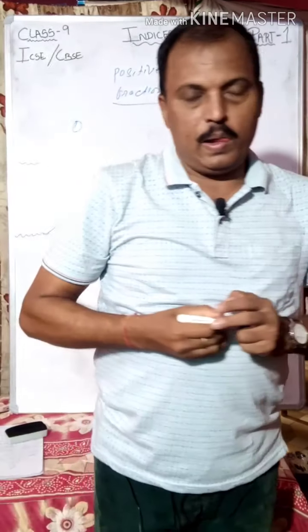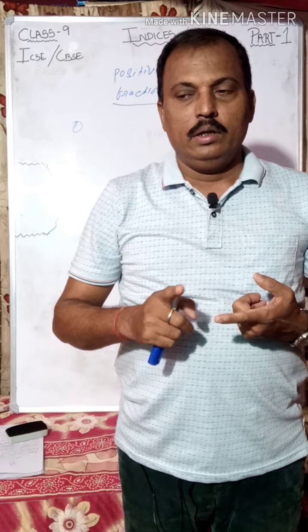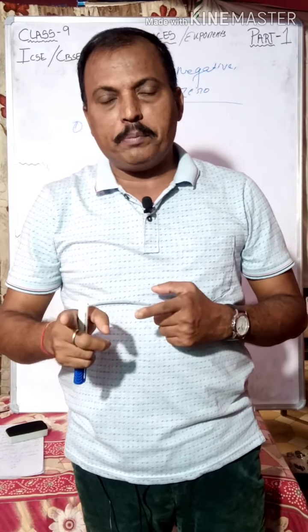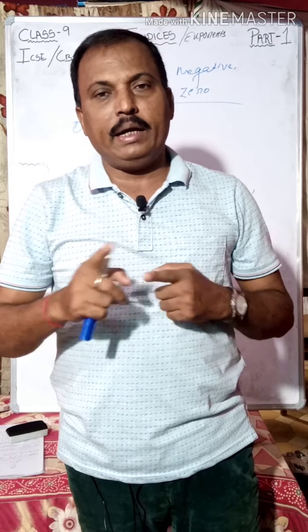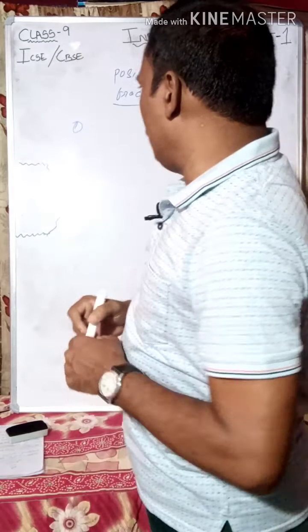Positive base, index. If the base is positive and the index is negative, the base is negative and the index is positive, the base is negative and the index is negative, what will be the answer? Now we will discuss.